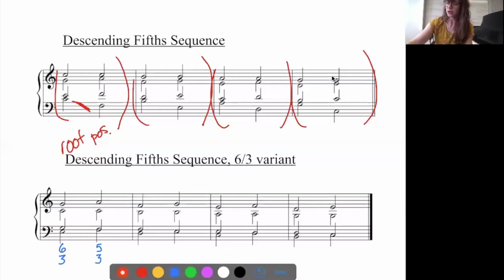The root relationships between these 2 sequences are equivalent. We're still moving roots by 5th. It is the bass line that changes due to the fact that we are now working with first inversion triads alternating against root position. So if any of that seems foggy, just go ahead and pop back to lecture 7.1 and listen to part or all of it for a little refresher.